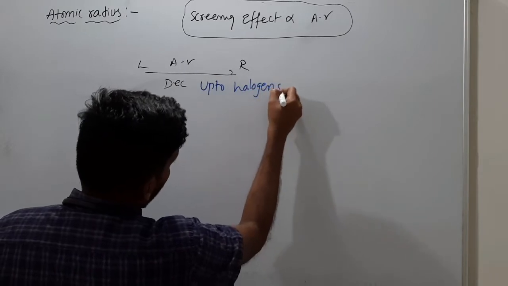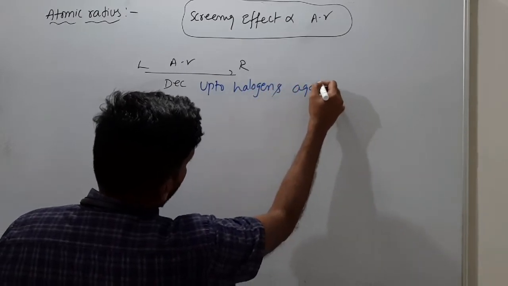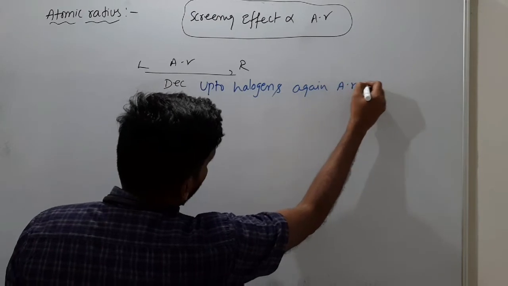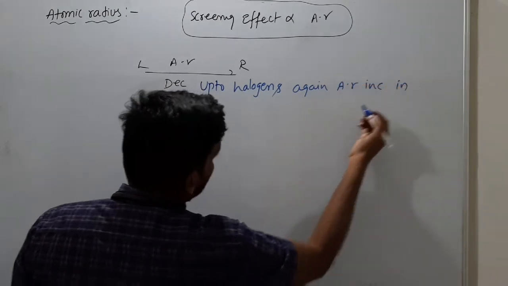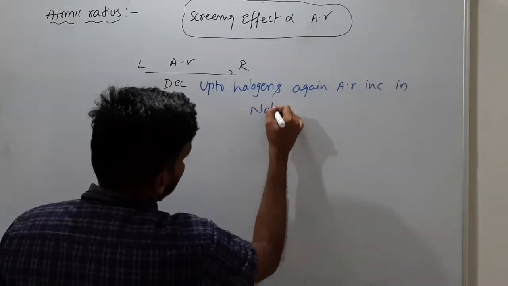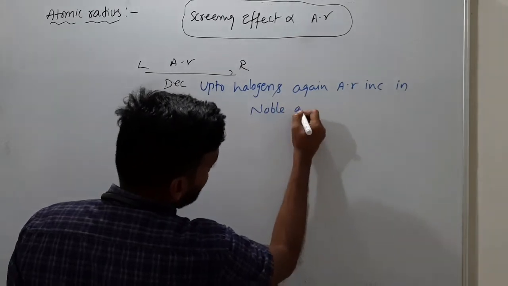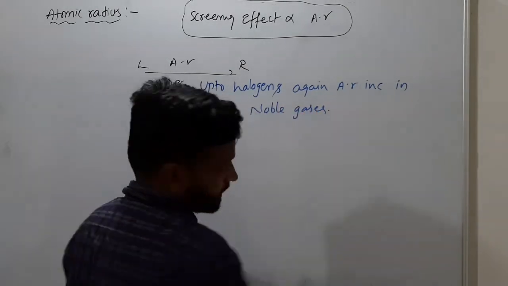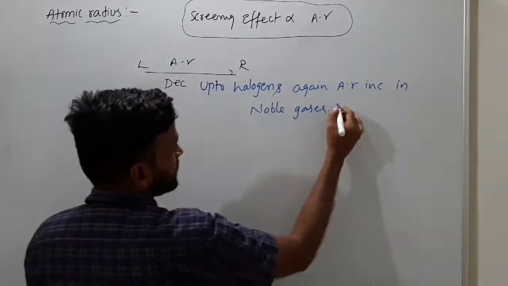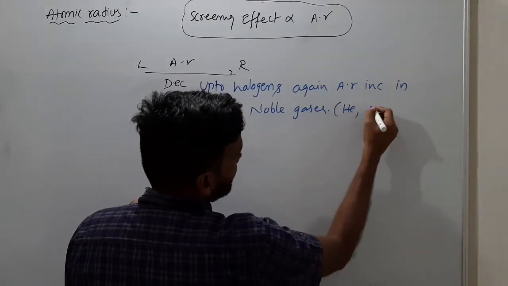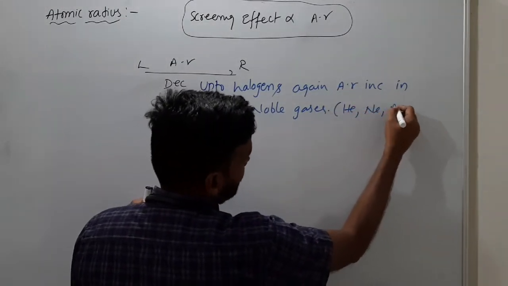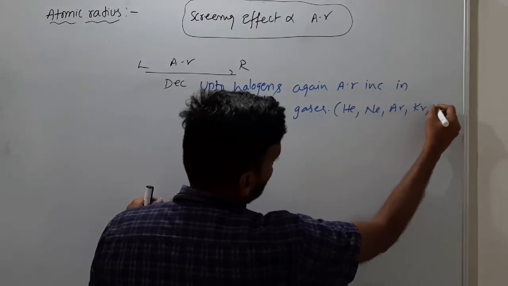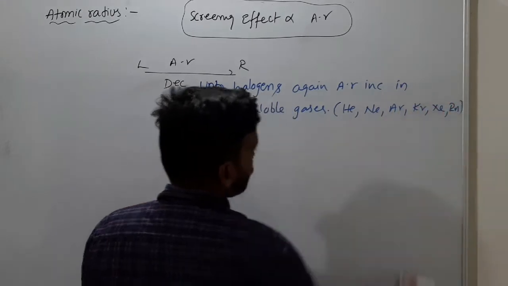Again, atomic radius increases in noble gases. What are noble gases? Helium, neon, argon, krypton, xenon, radon, the inert gases.